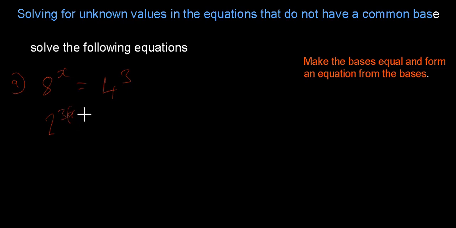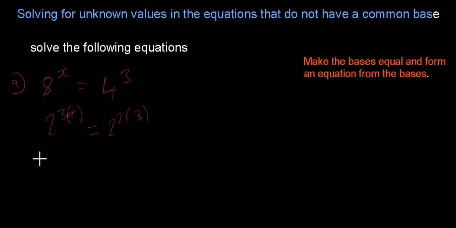Sorry, 2 to the power 3 multiplied by x, which is equals to, we also find a common base for this one, which is 2. So 2 to the power 2 is just the same as 2 times 2, which is 4. So 2 to the power 2 multiplied by 3. Okay, so we have the same base from here.